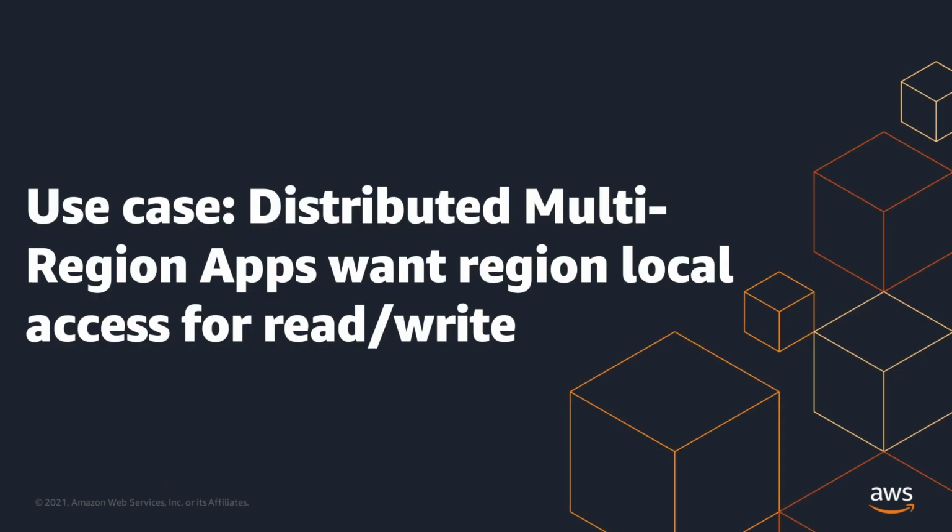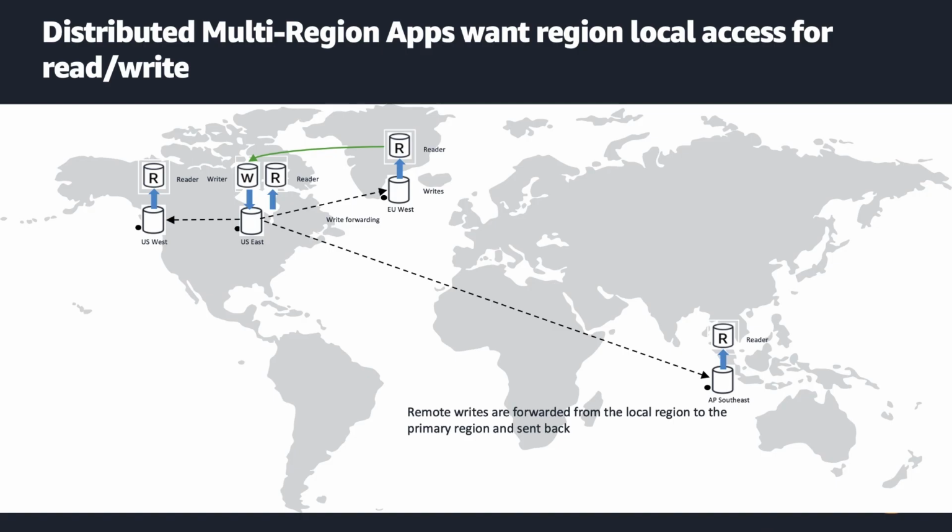Now let's dive into some of the use cases for global databases. The first of them being distributed multi-region apps that want region-local access for read or write. With the read replica write forwarding feature of Aurora Global Database, performing writes in remote regions becomes much easier. The primary use case is to simplify application development.